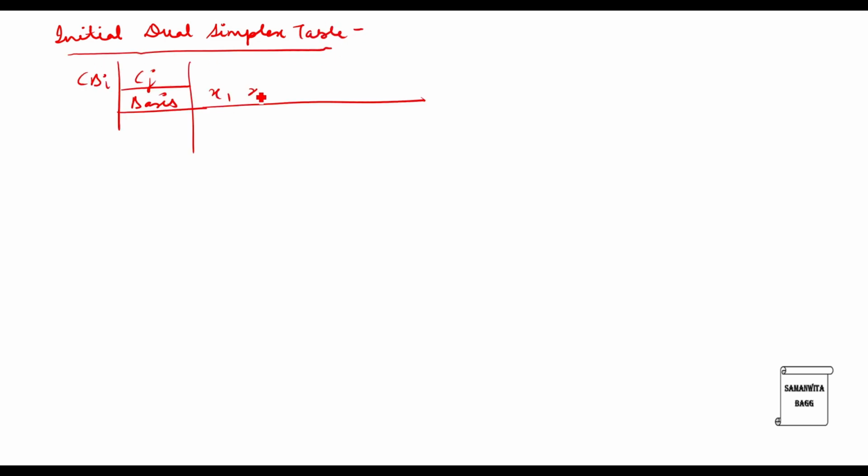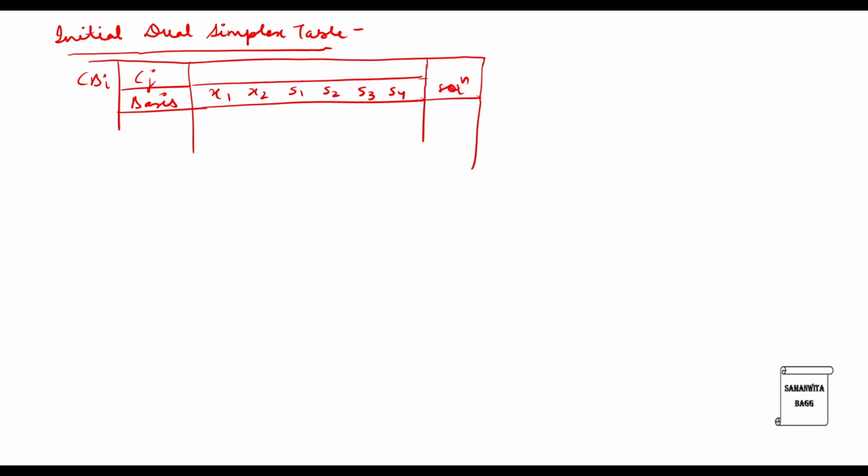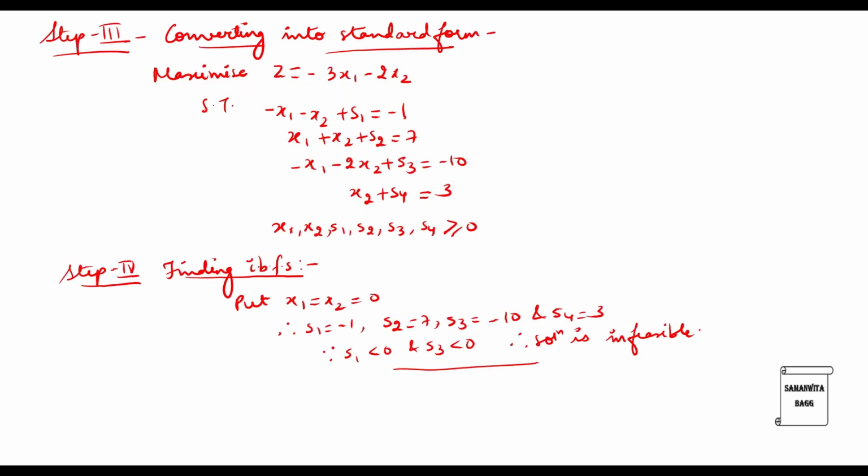Here I'll have x1, x2, s1, s2, s3, s4, and then the column of solution. Here I'll write down the coefficients of the equation of z, plus 0 s1 plus 0 s2 plus 0 s3 and plus 0 s4.